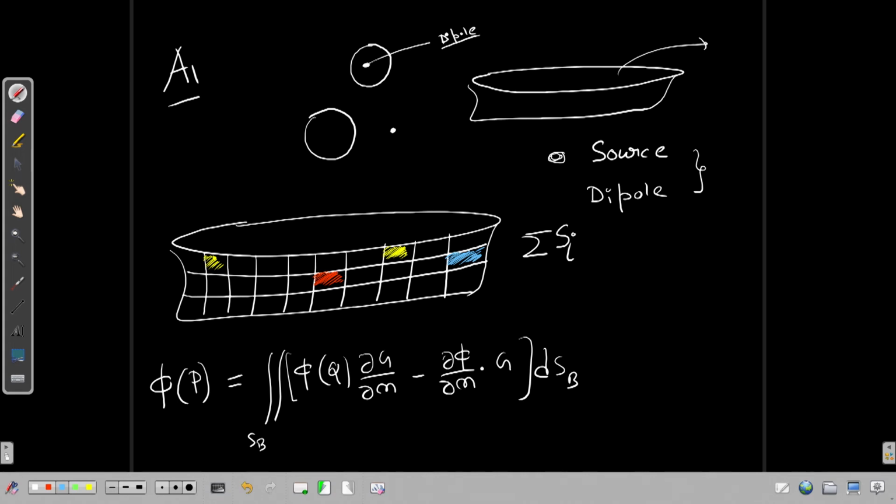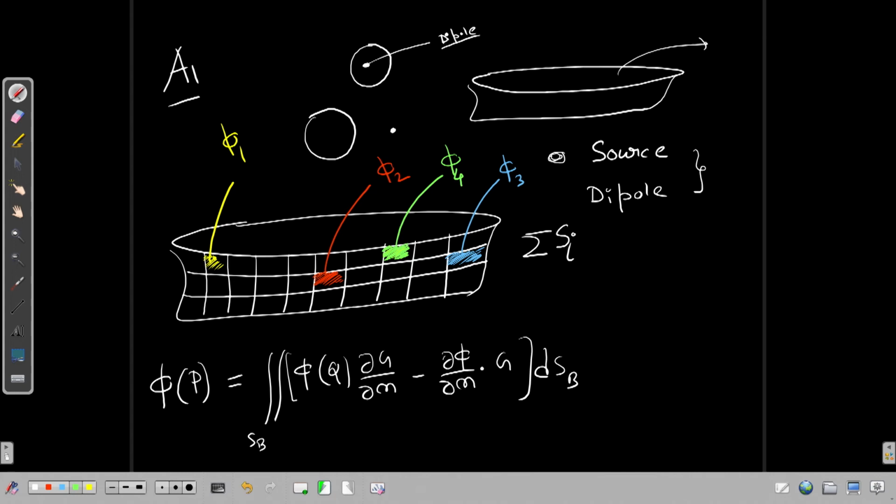Now, the popular way of doing it, we assume that for each panel the value of phi is different. In this yellow one the value of phi, let us say, is phi 1, and the red one the value of phi may be phi 2, and in the blue one the value may be phi 3, and let us shade something in green, this green, then the value of phi here may be phi 4.